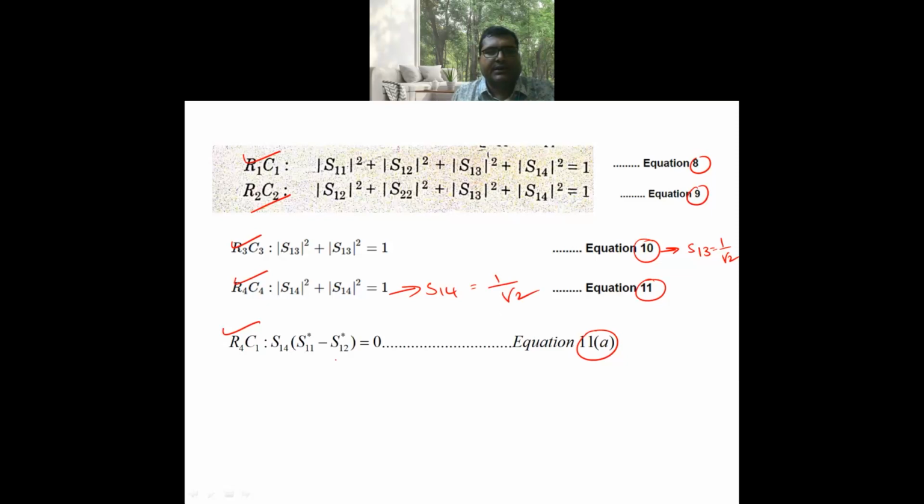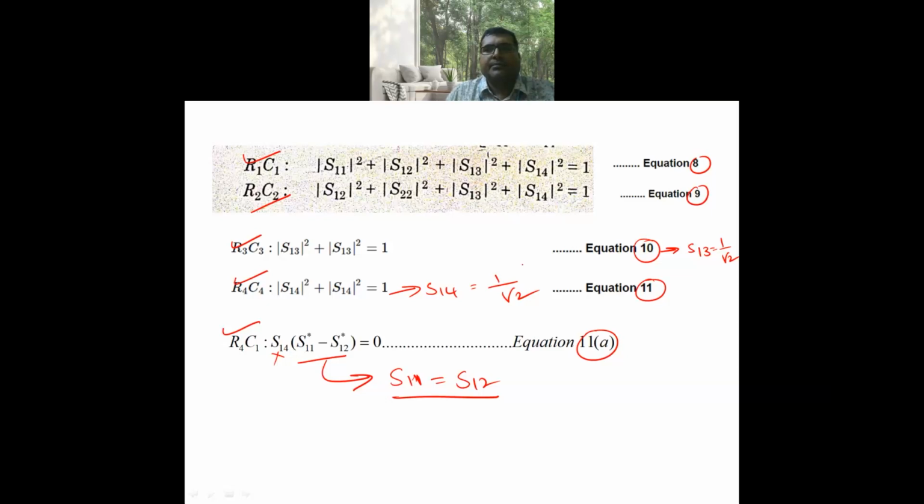From equation number 11a, S14 is not equal to 0, because when power is applied at port 4, it is divided equally between ports 1 and 2. Here we can write the relation: this term is not equal to 0, which means the other term should be equal to 0, so by neglecting the complex conjugate, S11 is equal to S12. This type of relation we are going to get.